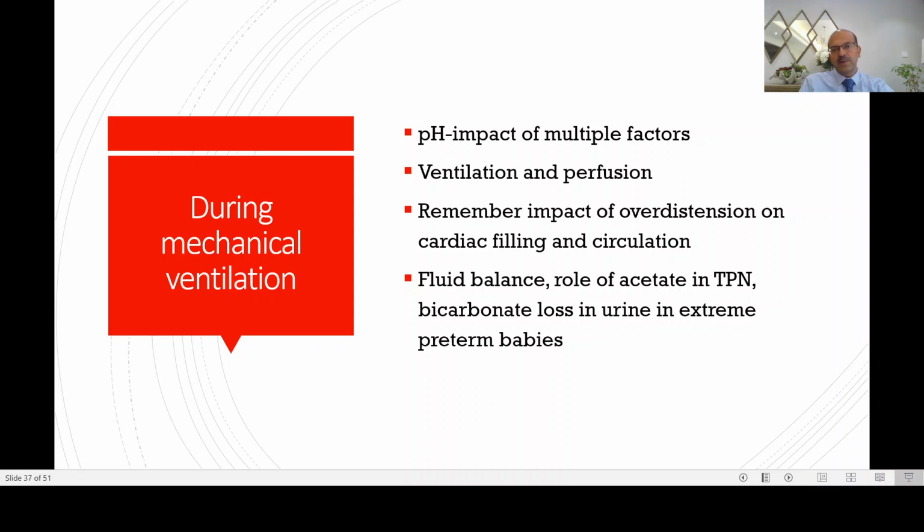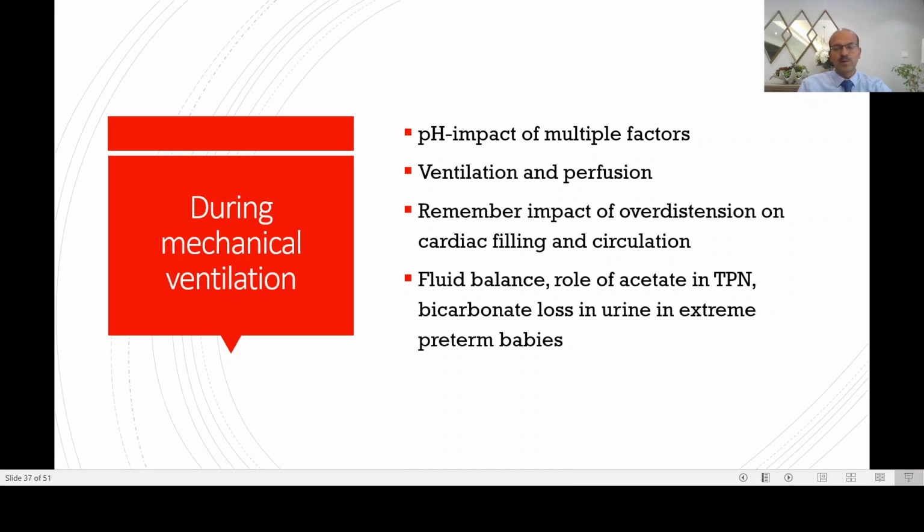In terms of mechanical ventilation, we have different parameters we are looking at. So the pH, there is an impact of multiple factors. It's not just the ventilation, it's also the perfusion, not only in the lungs, but also in the peripheral circulation. So ventilation itself may compromise your peripheral perfusion by affecting cardiac filling and circulation. So please remember that you may be overdoing the ventilation.